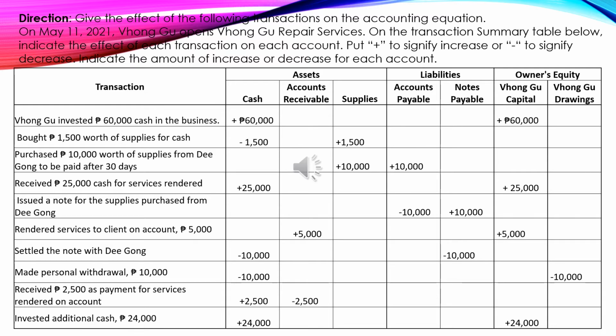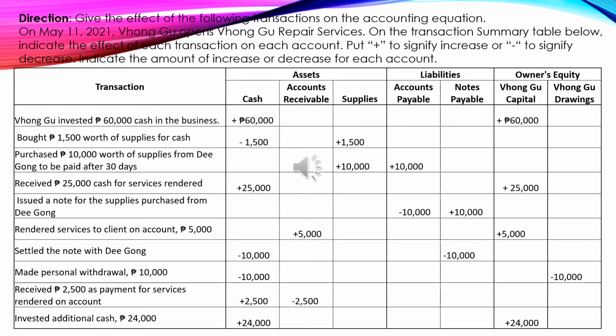Next, rendered services to client on account. So when we say rendered services to client on account, that means the services have been rendered, but Vonggu have not been paid for the services rendered. That's why it's on account. That means that will be a receivable on the part of Vonggu. So the client did not immediately pay cash when Vonggu provided services to that certain client.